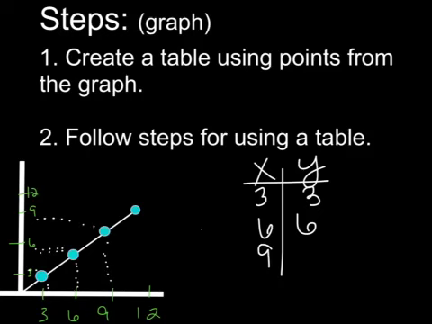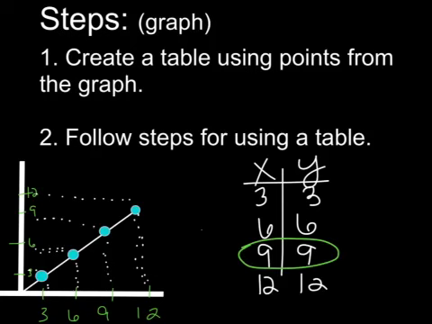So that's going to be (9, 9). And for the last one, my dots are a little bit off, over to 12, down to 12. So my last one is (12, 12). Now, if this was matching to an equation, I would take my third one and plug it into the equations and see which one works. Easy peasy.